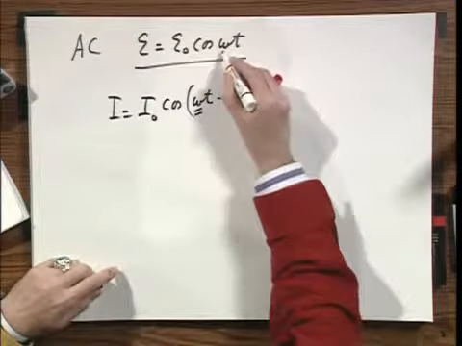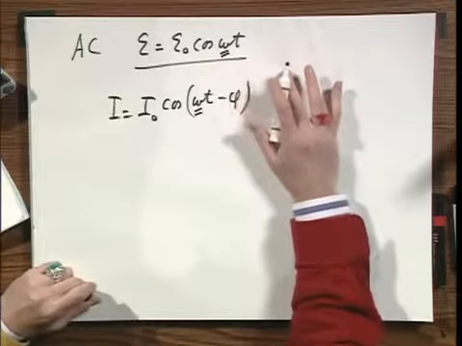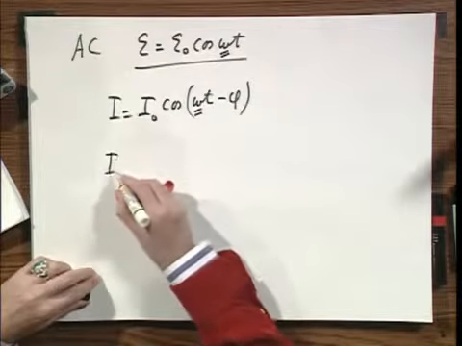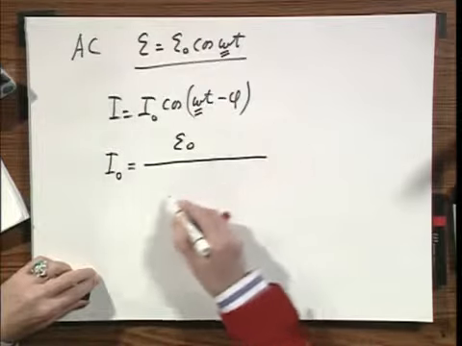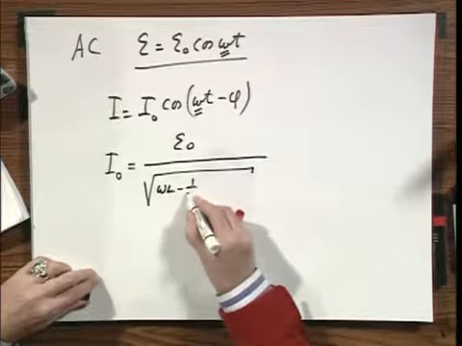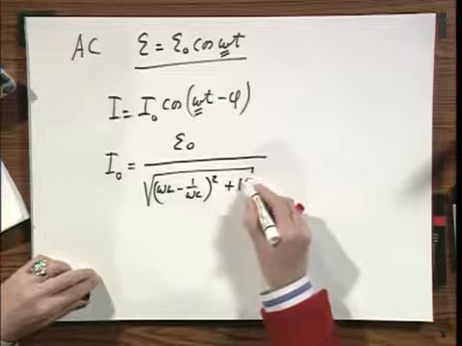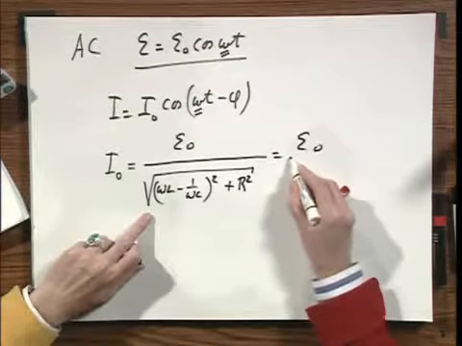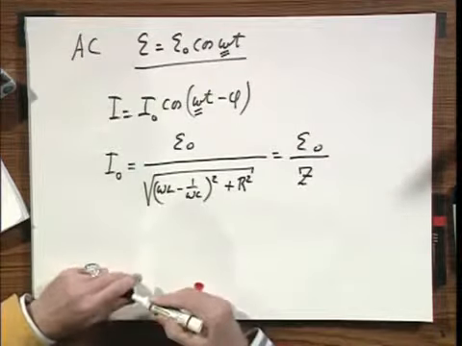And this omega is exactly the same as this omega, and it's completely independent of R, L, and C. I0, which can be derived if you solve the differential equation, which is a little bit clumsy, equals E0 divided by the square root of omega L minus 1 over omega C, squared, plus R squared. And we call this also Z.